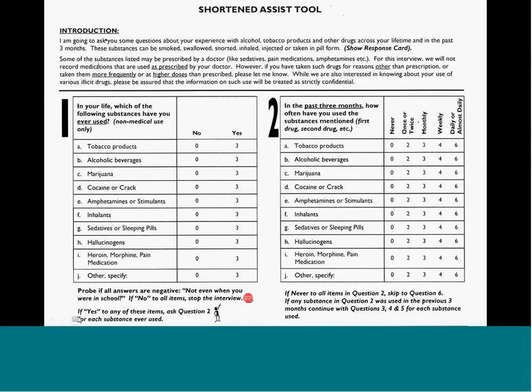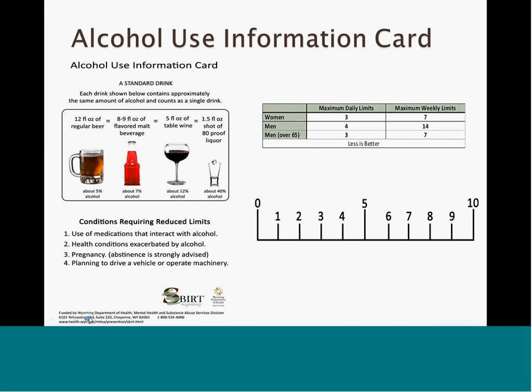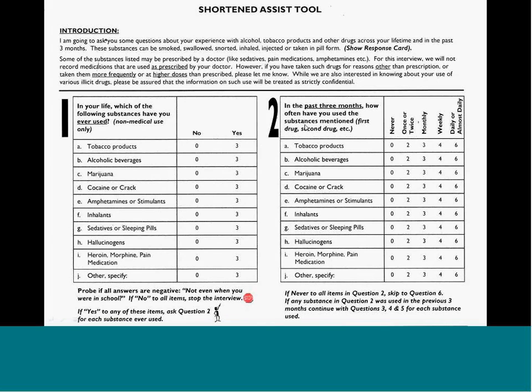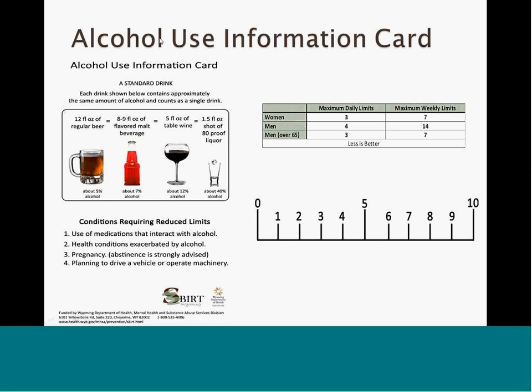So the alcohol use information card comes in very, very handy when we're talking to patients about alcohol use. The question was, in the last 3 months, how often have you used alcoholic beverages? Let's say it's a 40-year-old woman, and she says, I have a couple of glasses of wine every once in a while when I get home from work.